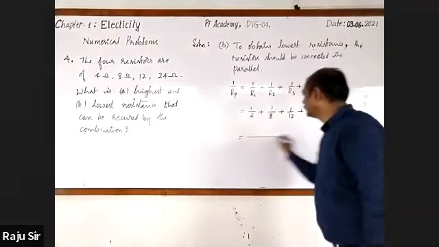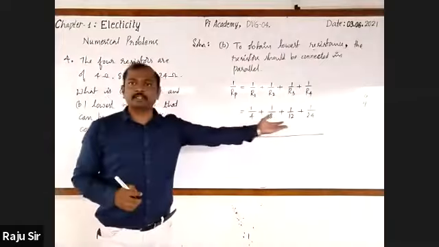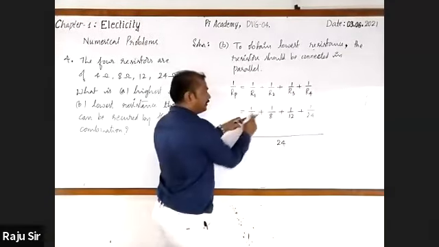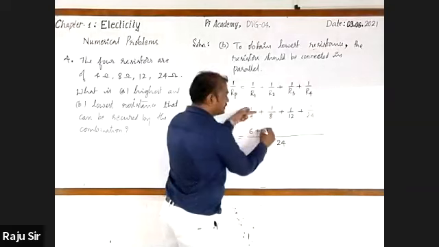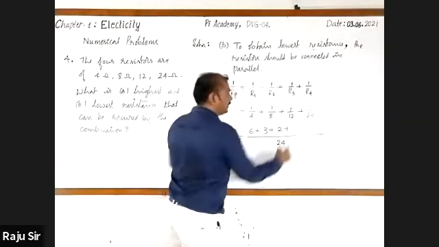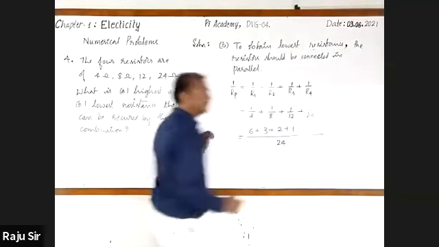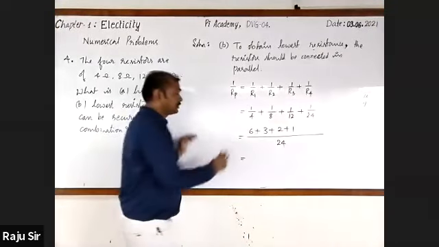What is the LCM? LCM is 24 of all these numbers. Now multiply 24 here: 4 sixes are 24, 8 threes are 24, 12 twos are 24. Multiply LCM with the last term, 24 gets cancelled, 1. Now let's go for adding them.